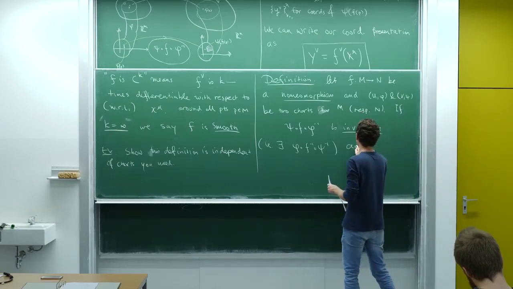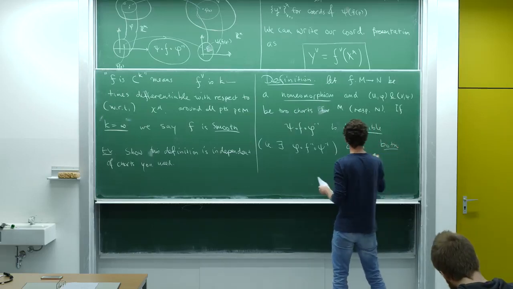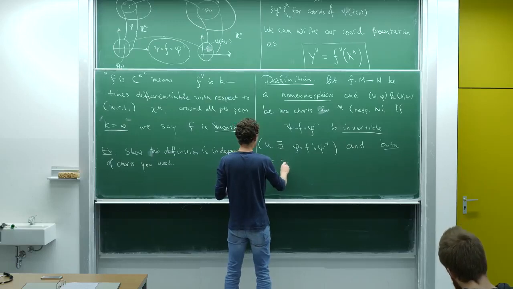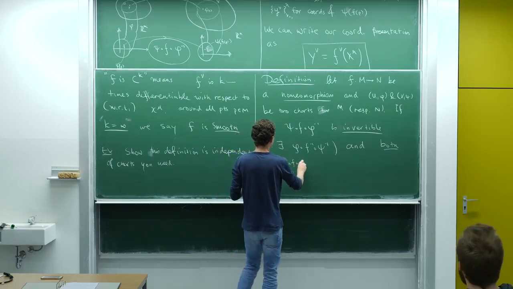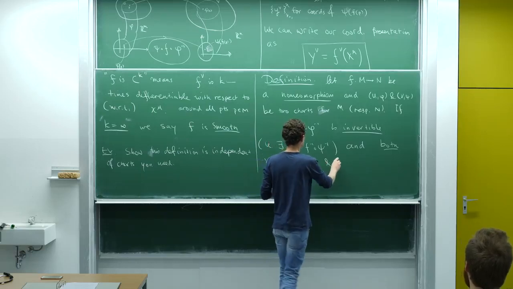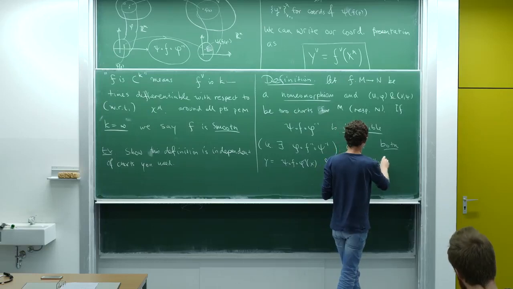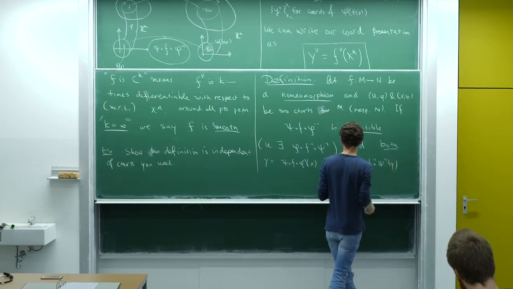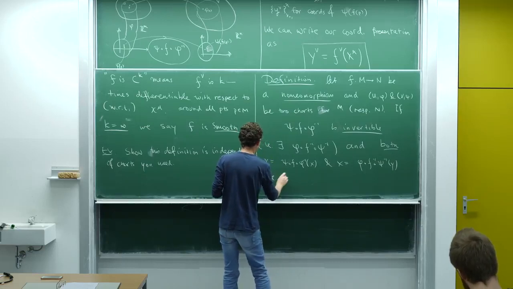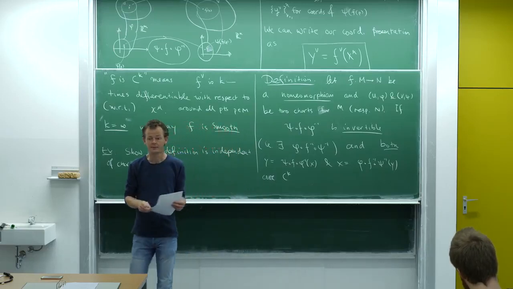But, and here's where we add some extra conditions, both this coordinate presentation and the other one are differentiable, k times differentiable. Then F has a special name.